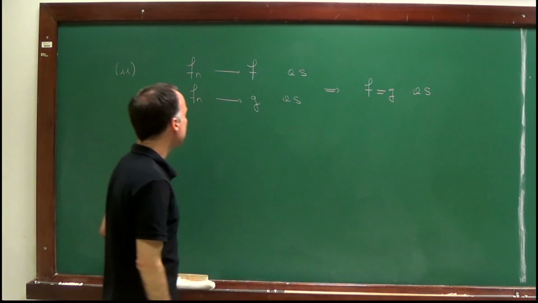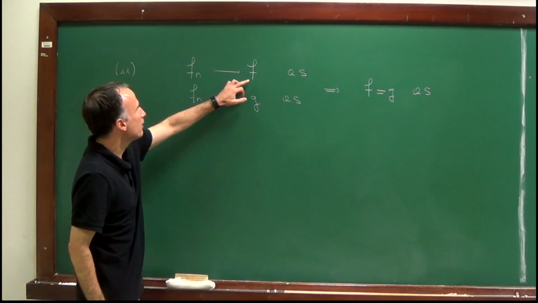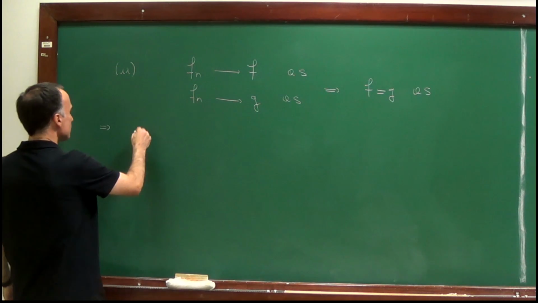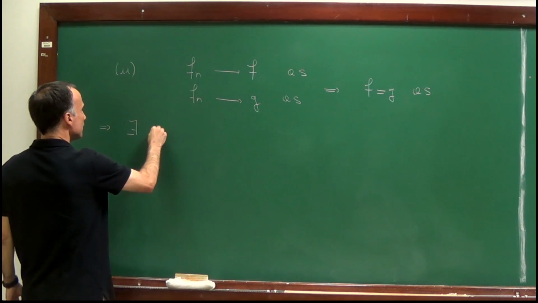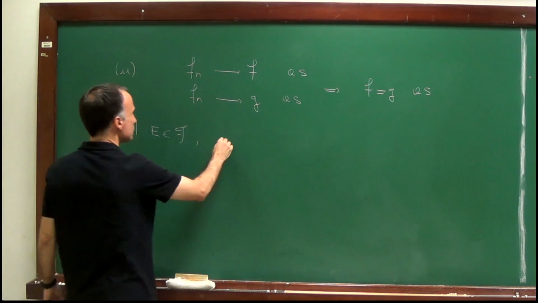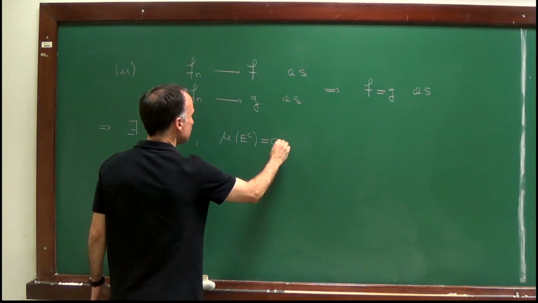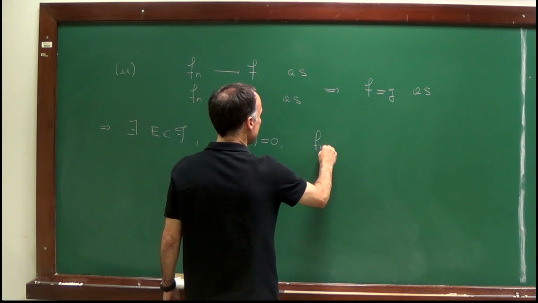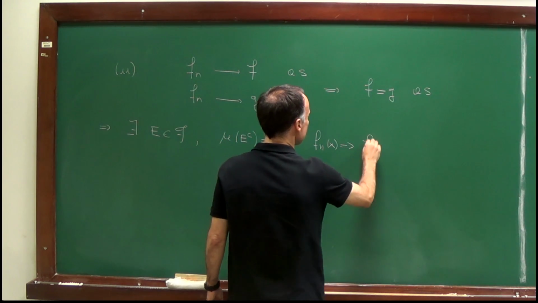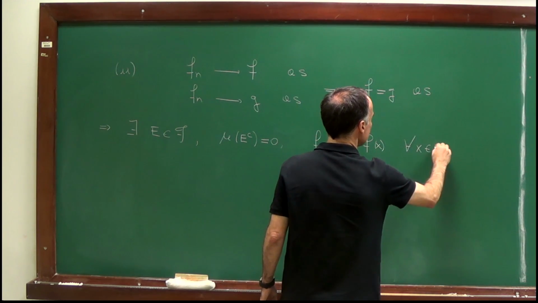And we can prove that exactly in the same way, which means that if we know that fn converges to f almost surely, this means that there exists a set E in the sigma algebra F, such that mu of E complement is 0, and fn(x) converges to f(x) for all x in E.